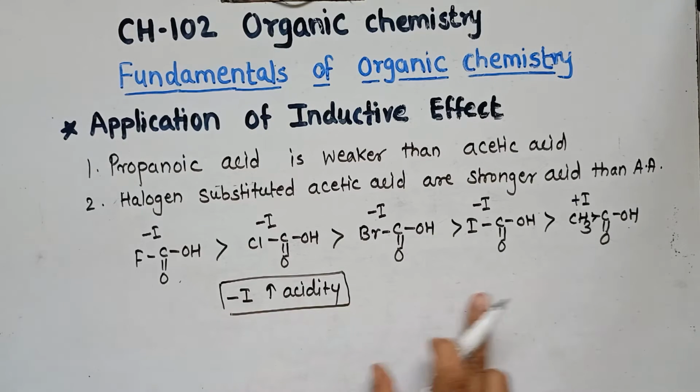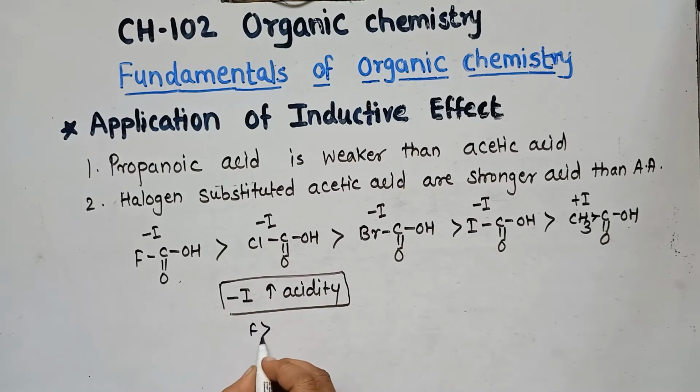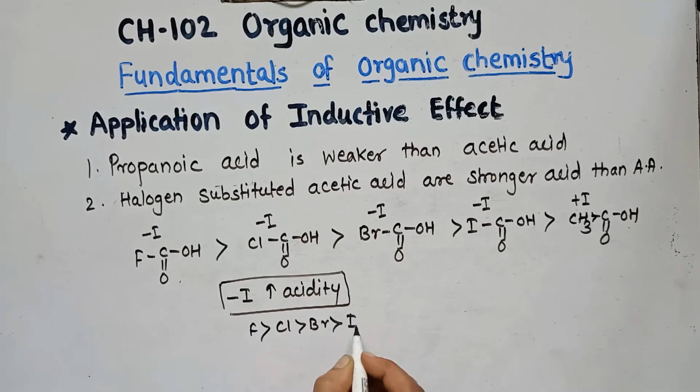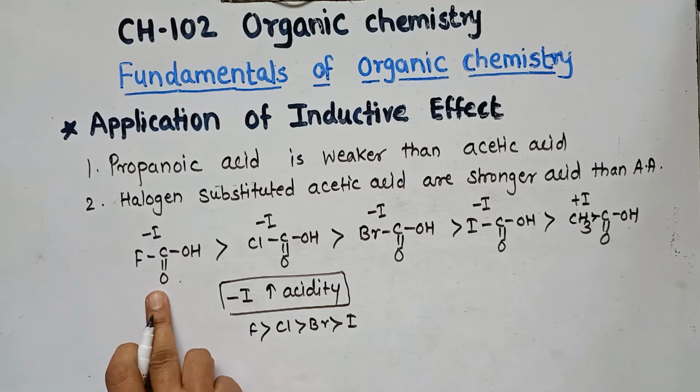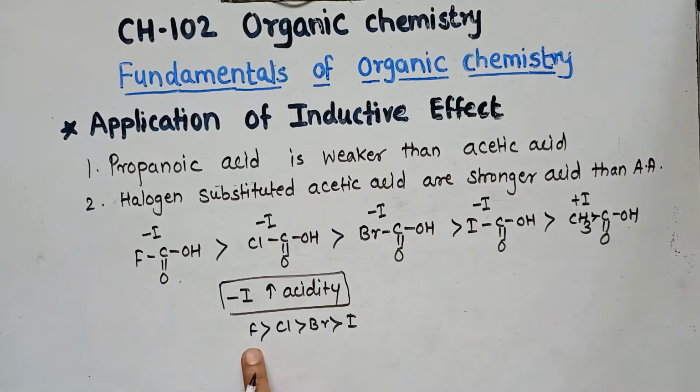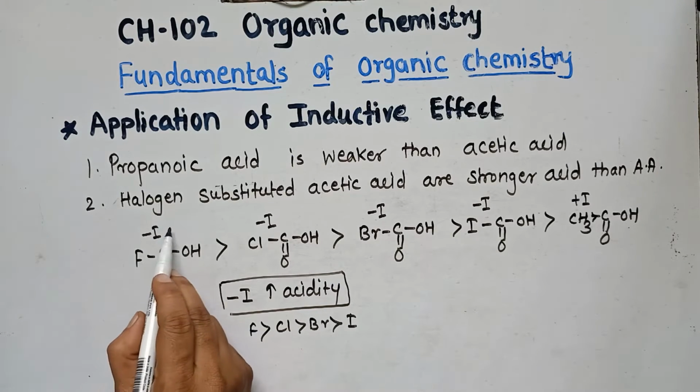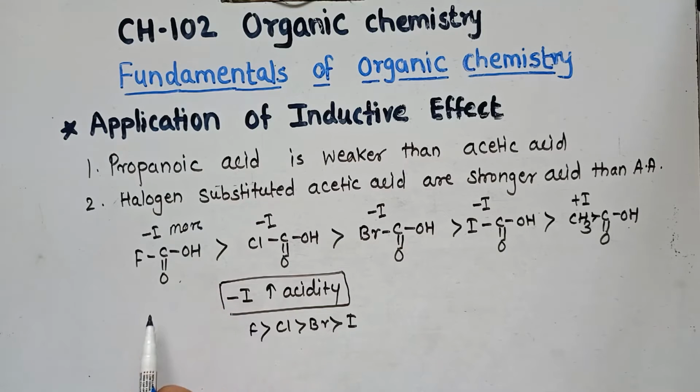In these 4 cases, fluorine is more electronegative than chlorine, than bromine and then iodine. Hence, fluoroacetic acid is a stronger acid than the remaining ones because its electronegativity is more, and due to that it shows more minus I effect.